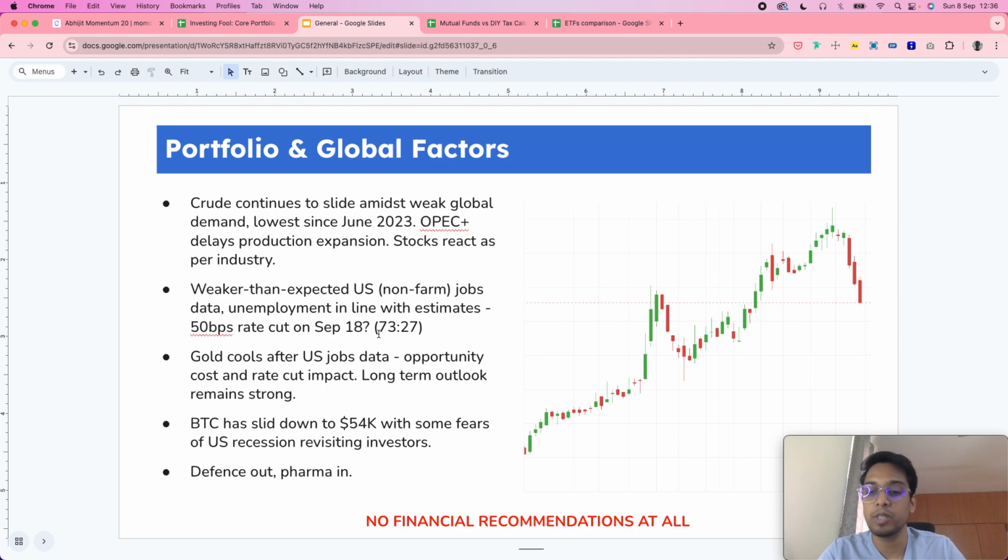When interest rates come down, the opportunity cost of holding gold reduces. That is why gold typically tends to do well when interest rate cuts are going on. That is something we can expect, and there are some estimates that at the end of this year gold could end at around $2,700.